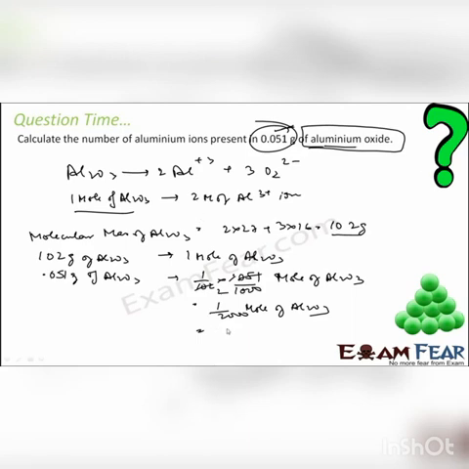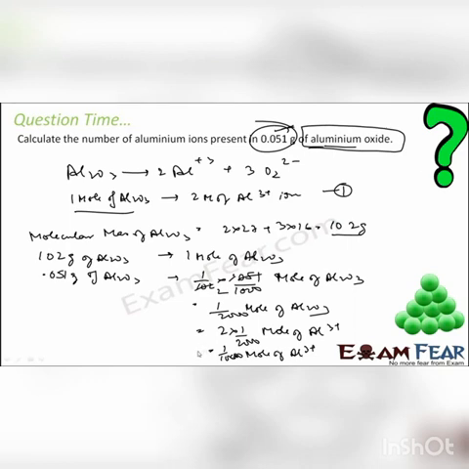So these moles of Al2O3 is nothing but half of these moles of aluminum ion, from this equation. 1 mole of Al3+ ion, this gets cancelled. That means it is nothing but 1 by 1000 mole of Al3+ ion. But what we have to find? We have to find the number of actually ions.